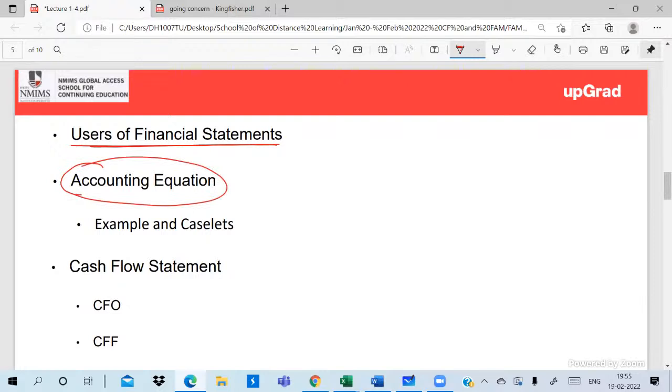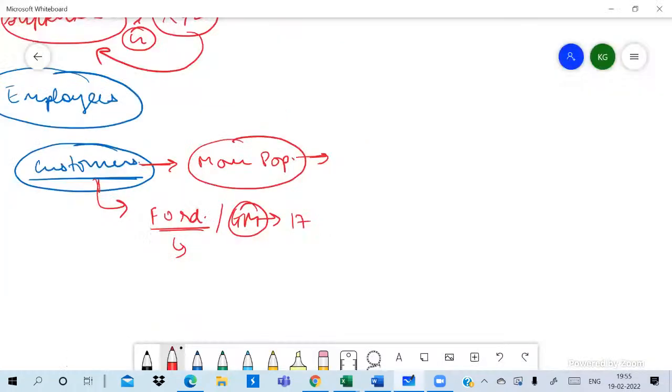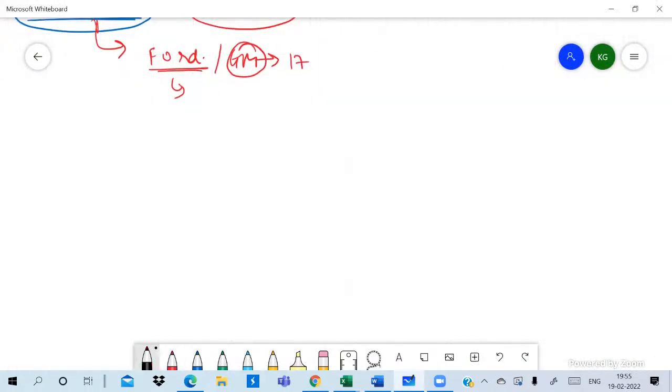The next one is accounting equation. Let's first understand what an accounting equation is, and then we look at those caselets which are there. An accounting equation is nothing but typically how you make your balance sheet.